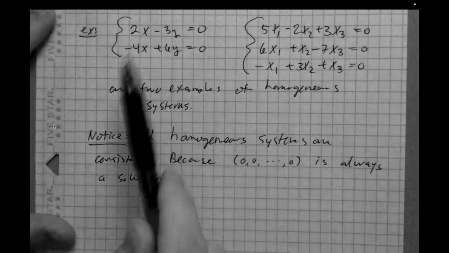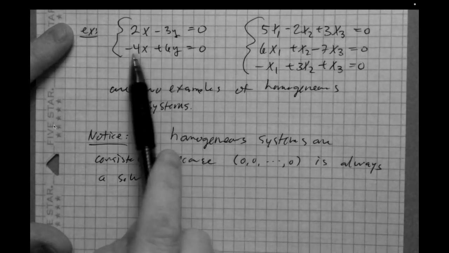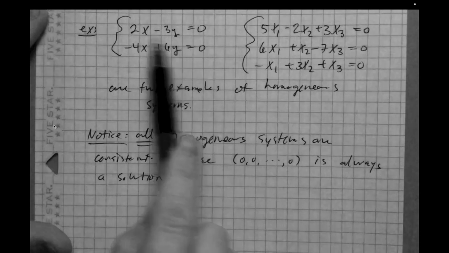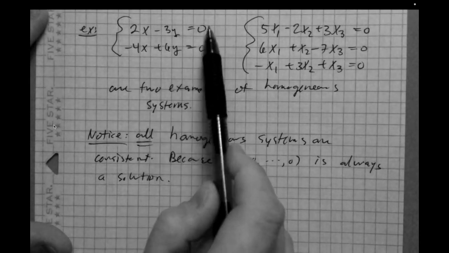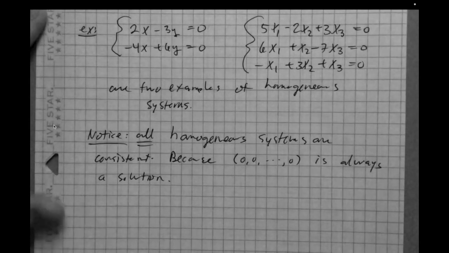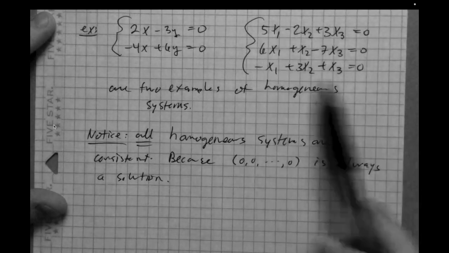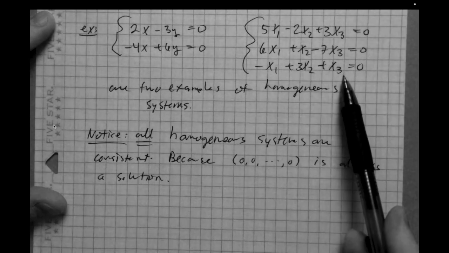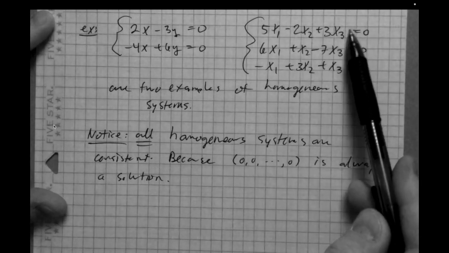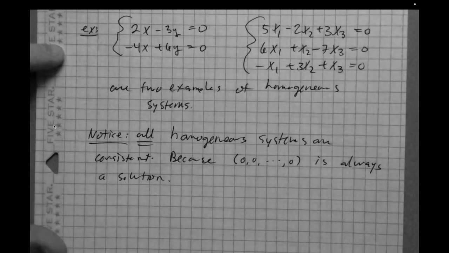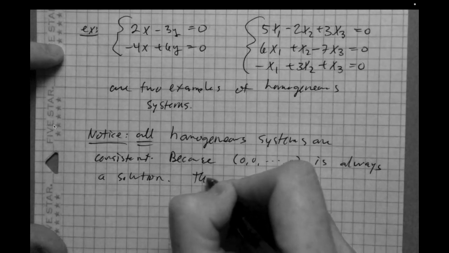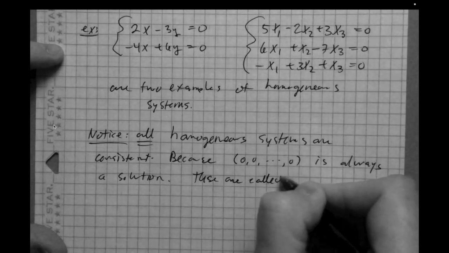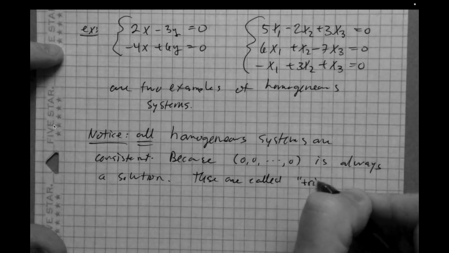So you can look at this. For example, x equals 0, y equals 0, the ordered pair 0, 0 is going to be a solution to this equation and also to this equation. In the case of this system here, the ordered triple 0, 0, 0 will solve all three of these equations at the same time. These are called trivial solutions, just simply because they're not interesting.